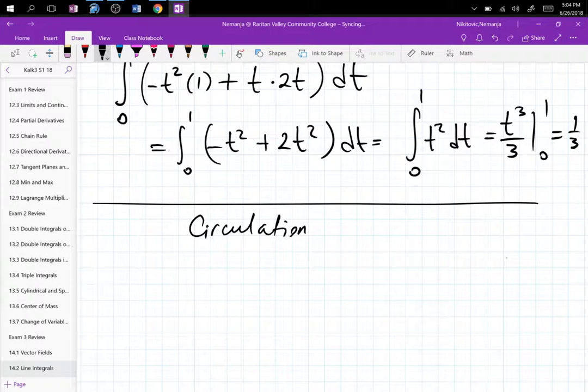So let's write the definition and then we'll talk about it. Definition for circulation.